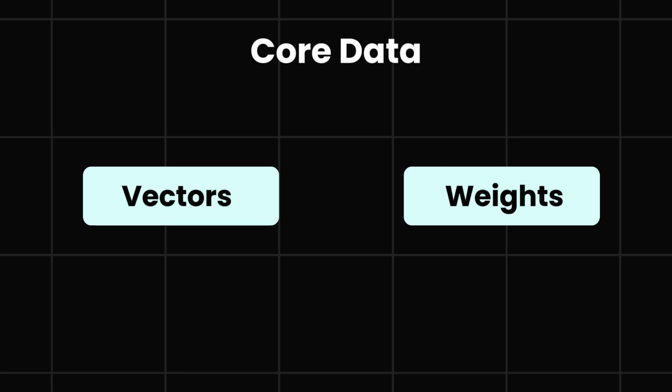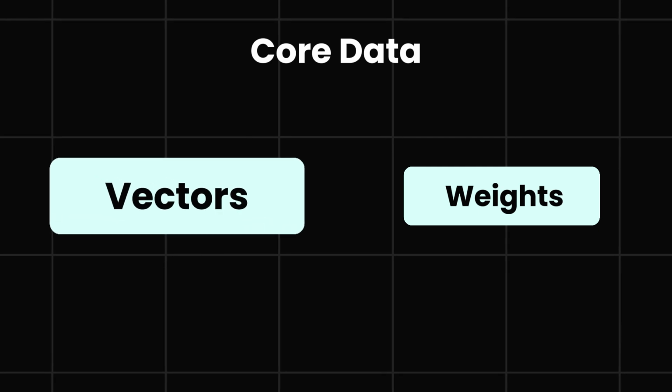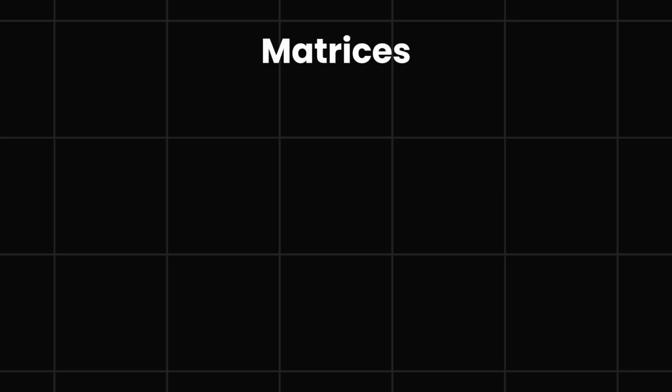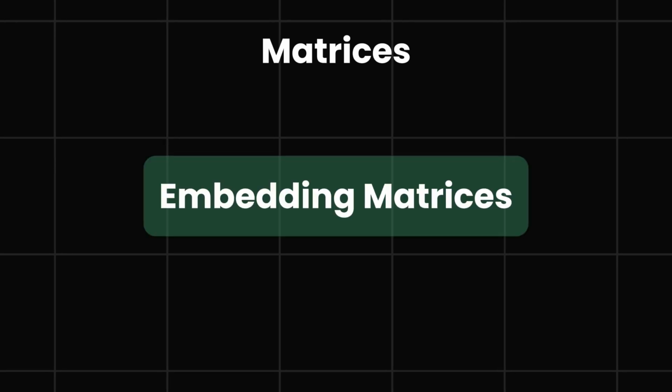The core data in transformers are vectors and weights. Vectors encode the meaning of each token, while the weights are the model's learned parameters. They determine how the input gets transformed at each step. There are different types of matrices involved. The embedding matrices turn tokens into vectors.